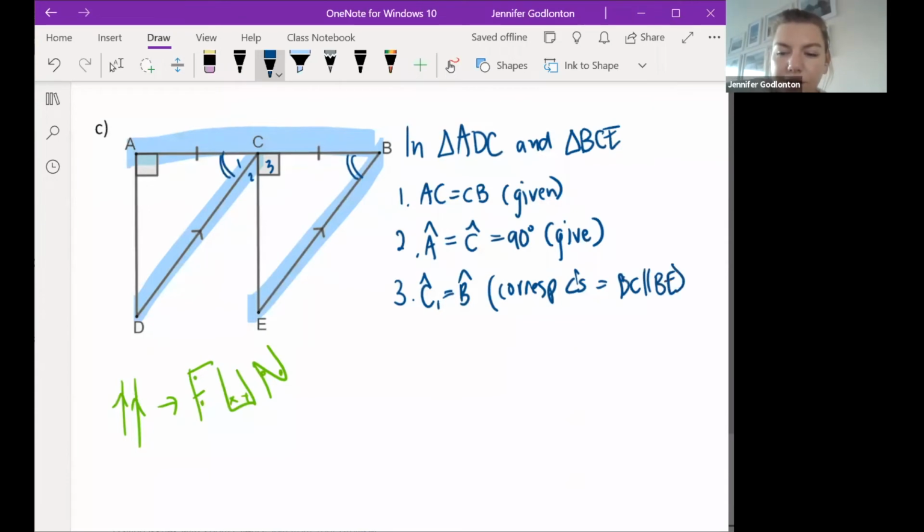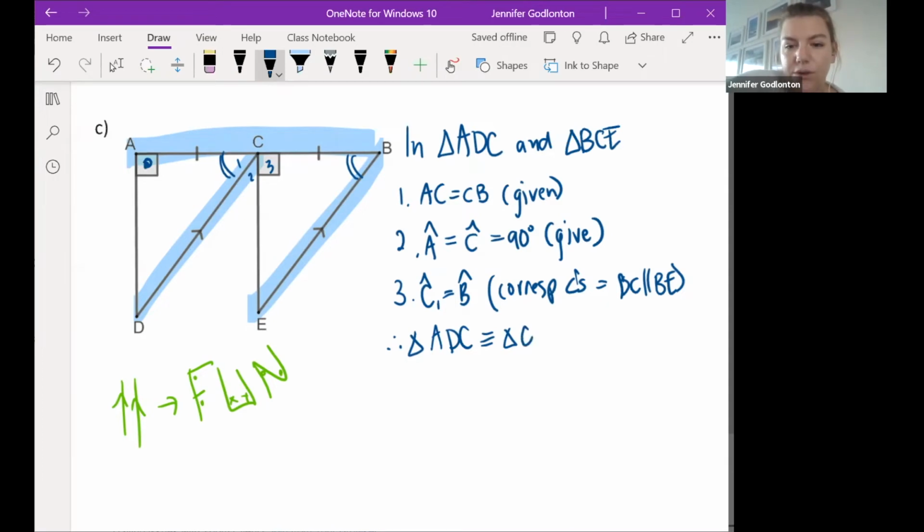All right. So now, what is my conclusion? In triangle ADC equals triangle BCE. Careful, make sure that your angles are the same as each other. If you're starting with your right angle, what would I start with here?